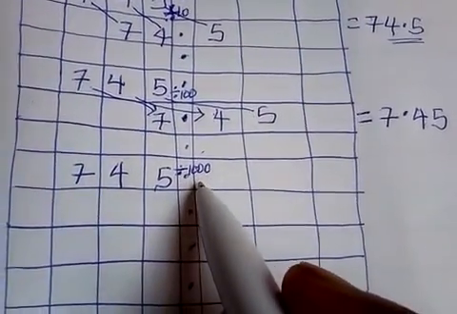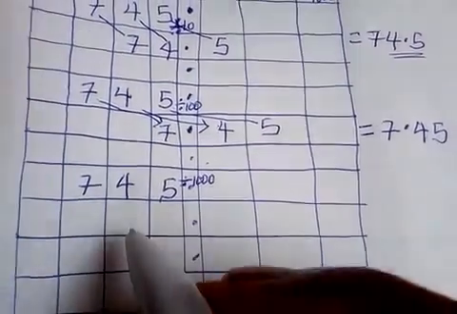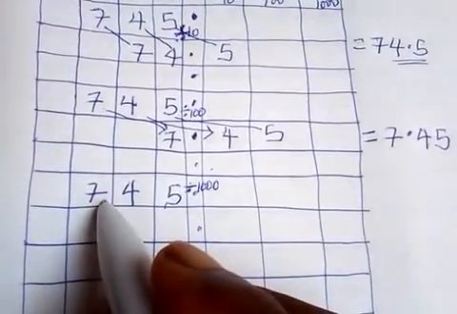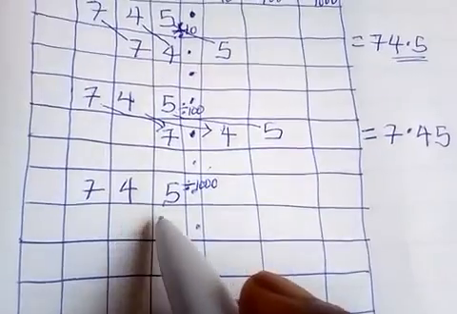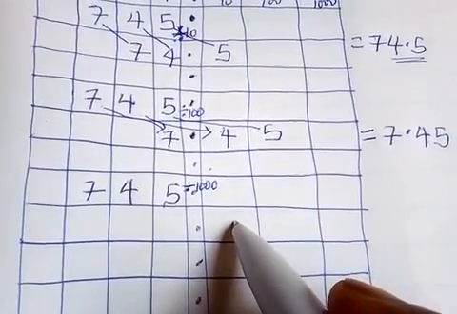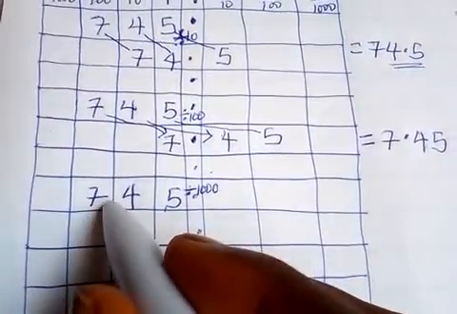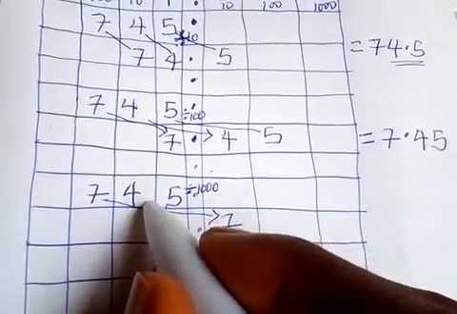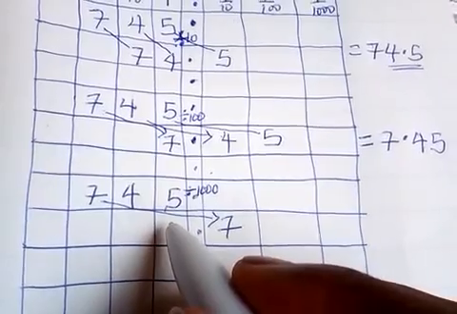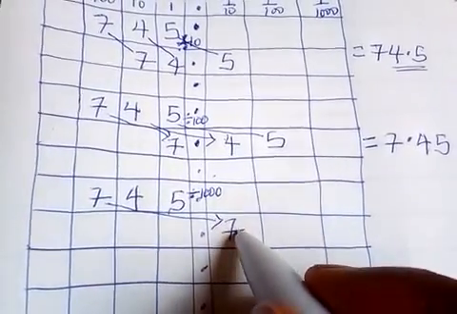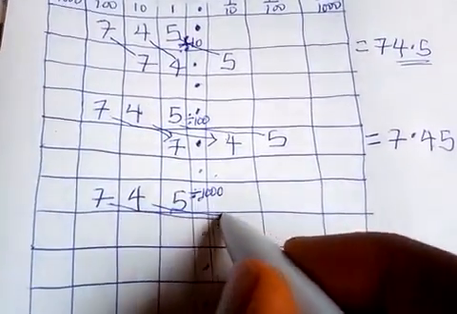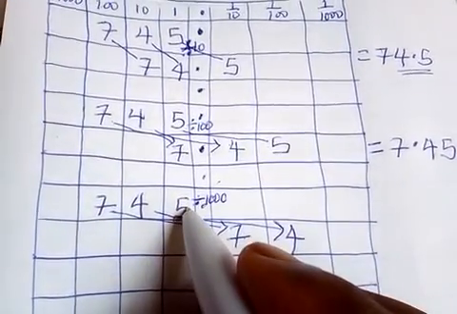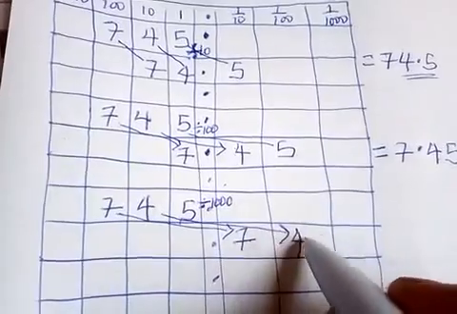So divided by 1000, let's check how many zeros: 1, 2, 3. So 7 jumps 1, 2, 3. So it comes here. So we have 7. 4 jumps 1, 2, 3. 5 jumps 1, 2, 3.